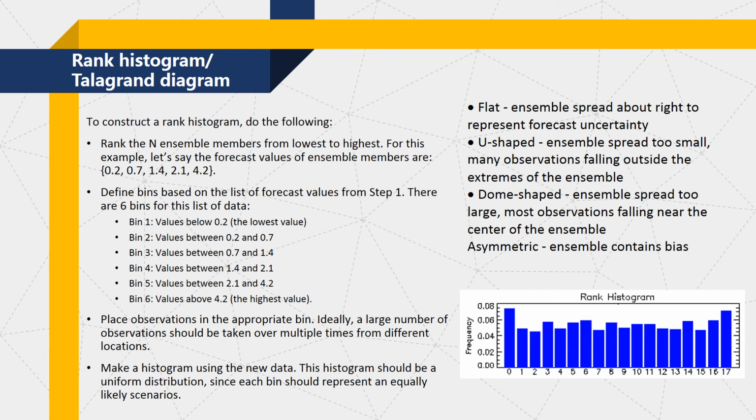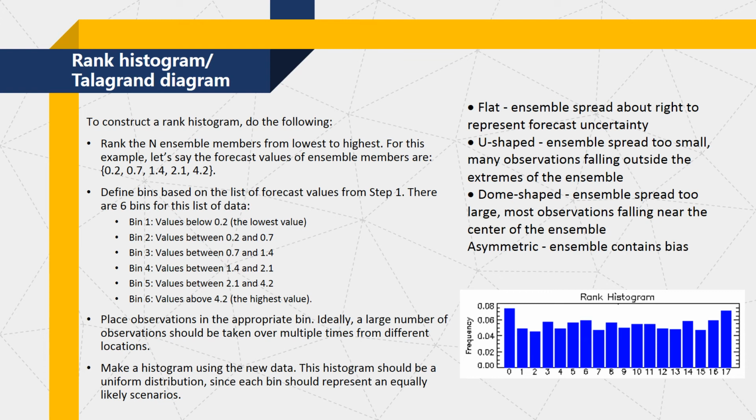There are 6 bins from this list of data. The first bin is values lower than 0.2, which is the lowest value, and the second is values between 0.2 and 0.7, and so on, until bin 6, values above or more than 4.2, which is the highest value.